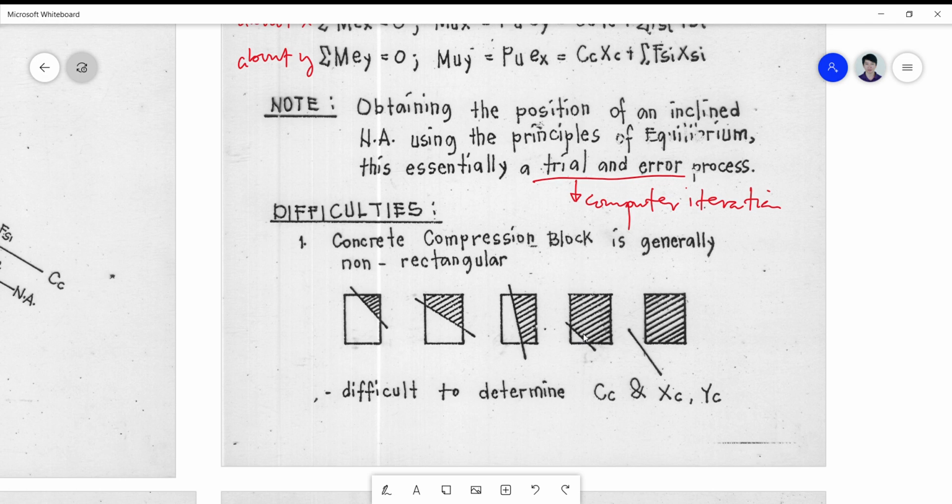It can also be a simple rectangle when your neutral axis falls beyond the boundaries of your section. You never know which will be the actual situation unless you fix the loading requirement in terms of the PU, the MUX, and the MUY values. This makes a closed form solution impossible, which is why we do a computer iteration.